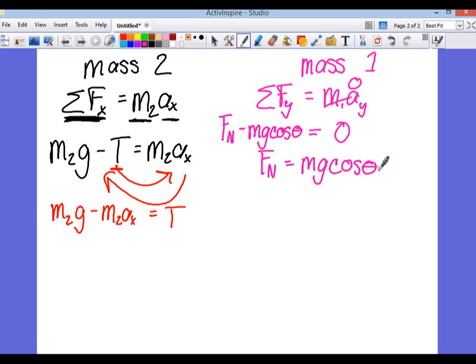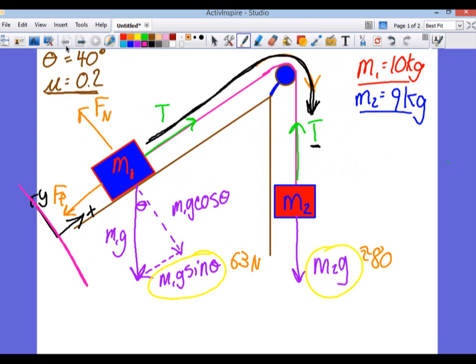That has to be the case, that these two forces are equal to each other, because our block isn't flying off the plane. And the only way that can happen is if those two forces are equal to each other.